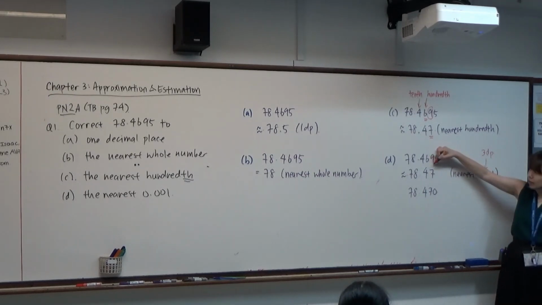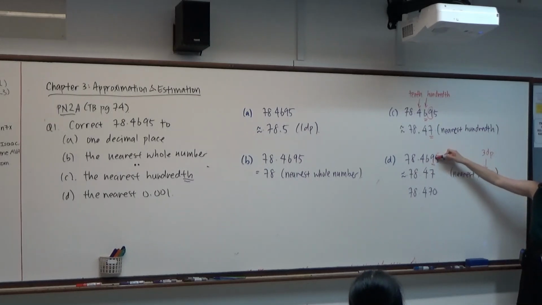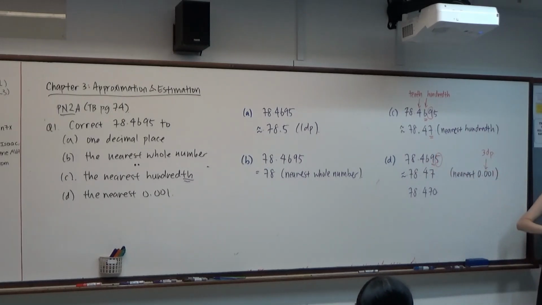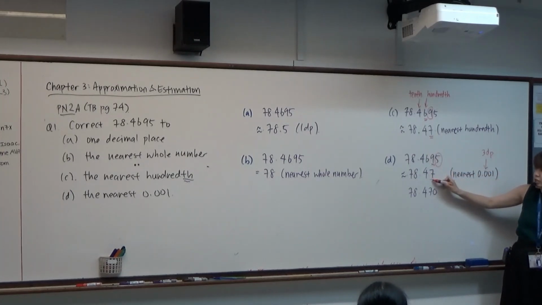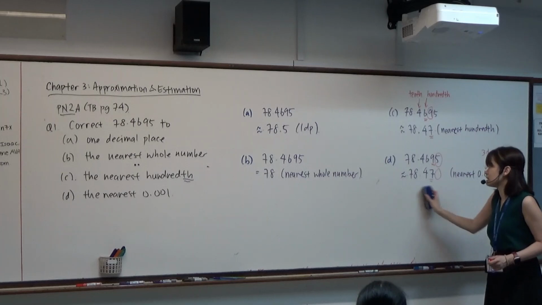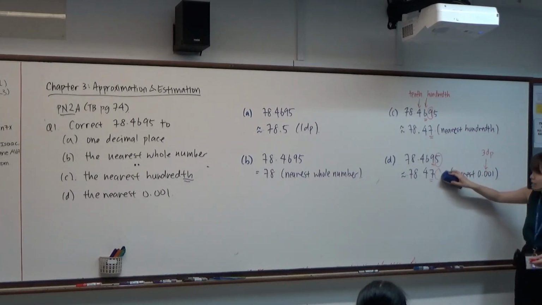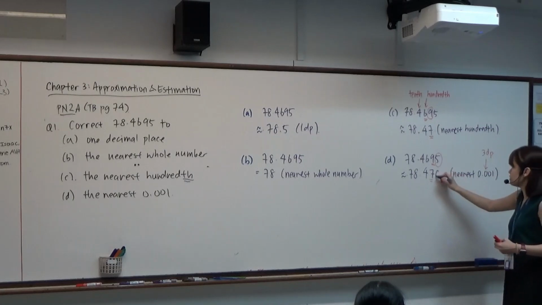Our third decimal place is at the digit 9 over here, and this 5 will cause the 9 to round up. Therefore, my 6 will have to change into a 7. But to maintain 3 decimal places, I need to have the 0 over here. That is important. You cannot drop the 0, otherwise your answer will not meet the expectation of nearest 0.001.